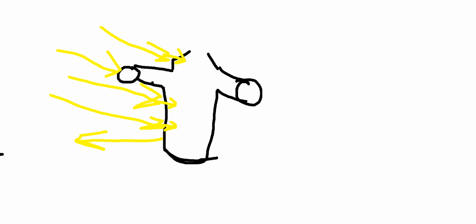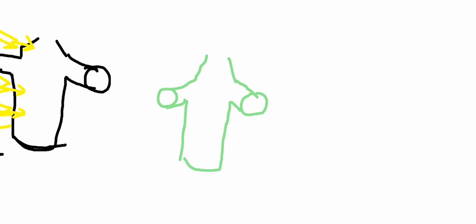Now, in comparison, if you had a shirt that's light colored, let's say this light green here, one second, light green shirt, this shirt is going to have a higher albedo than the black shirt because it's a lighter color.